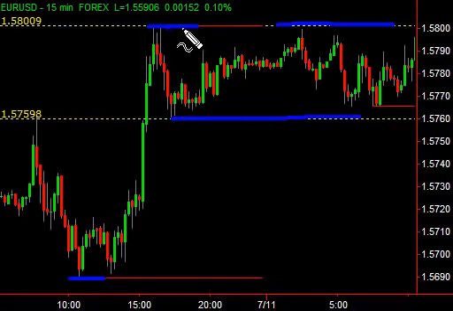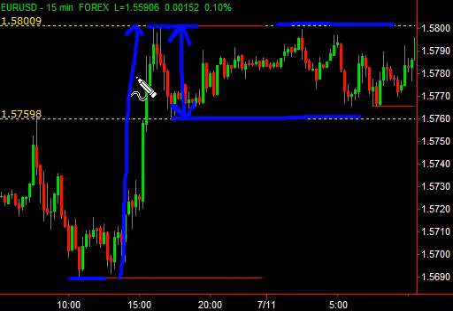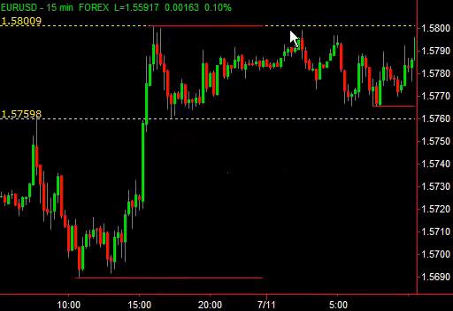What I can see is that this high-low range is at the top third, basically, of the previous day's high-low range. That's an ideal location that I'm looking for. I've identified the overnight range, and in this case, it's at an ideal location.